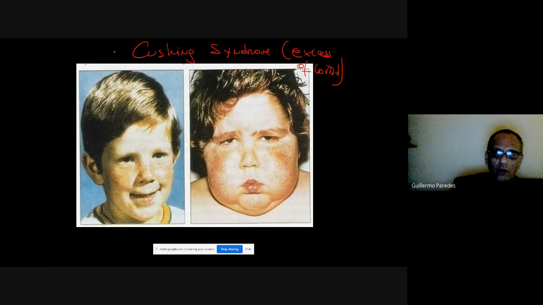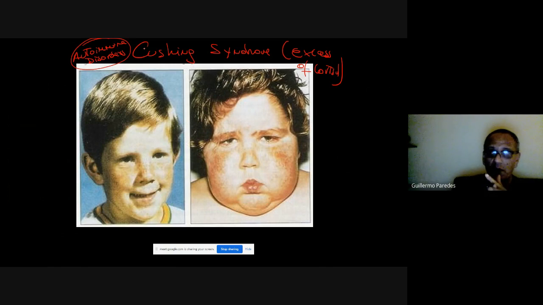You're given cortisol in autoimmune disorders. In autoimmune disorders, the immune system is going to destroy your own body. Example, lupus, the kidney. Example, diabetes, the kidney too, other organs too.